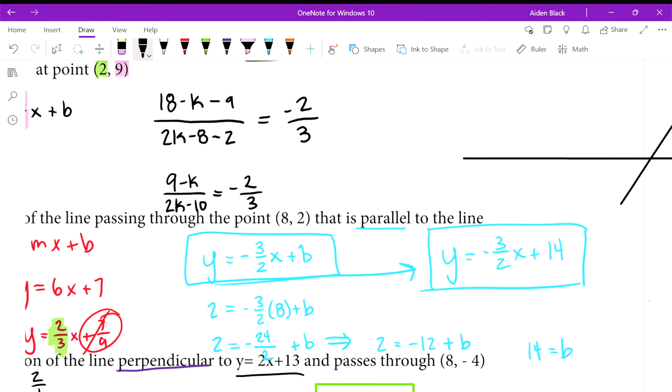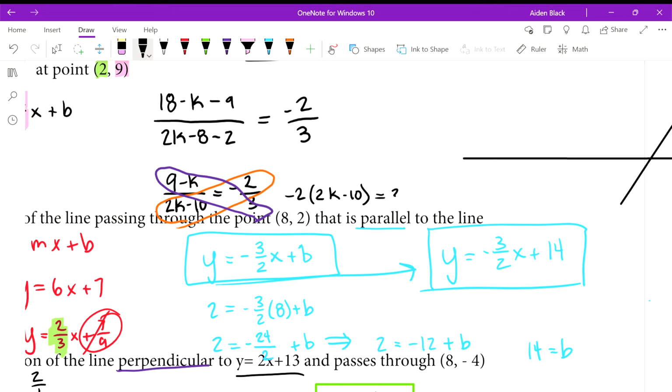What we can do from here is cross multiply. You guys have learned to do this before. We know that -2 times (2k - 10) is equal to (9 - k) times 3.